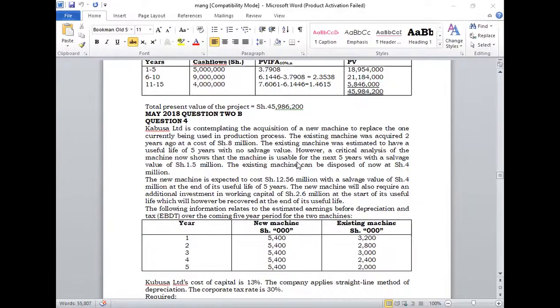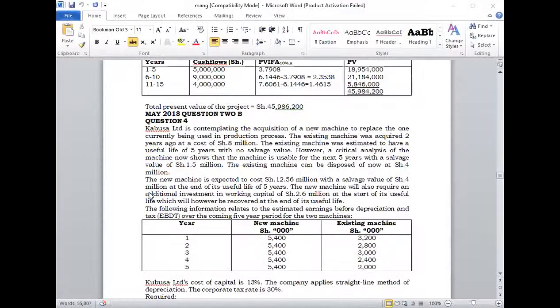The new machine will also require an additional investment in working capital.